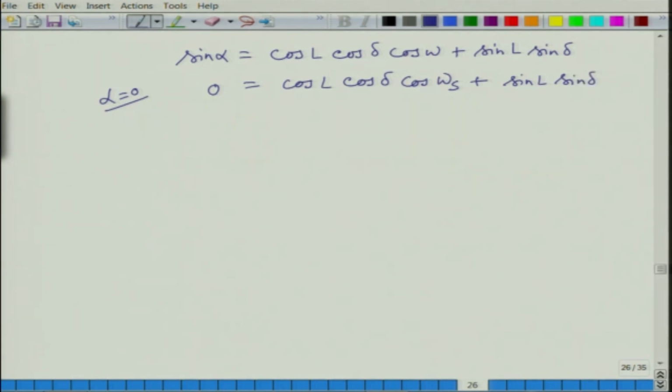Now, if you simplify this equation to find cos omega s, what you get is minus tan L tan delta, right.